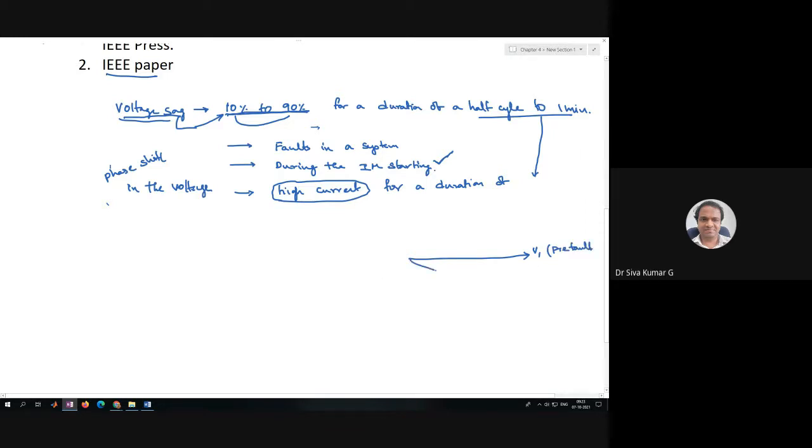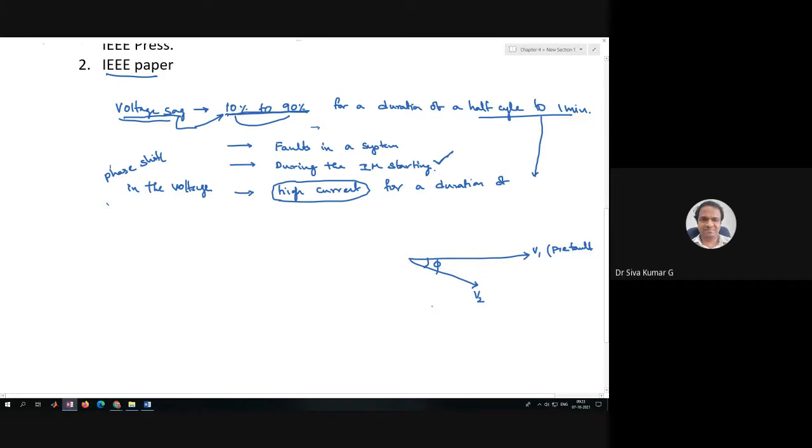During the fault, there is a magnitude reduction and also a phase angle shift. Because of that, we will have the phase angle jump or phase shift.